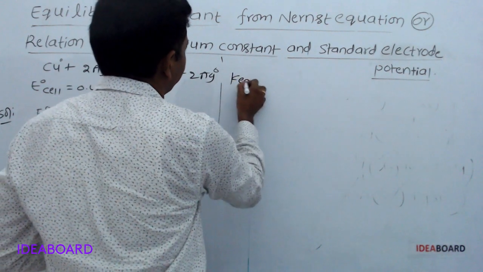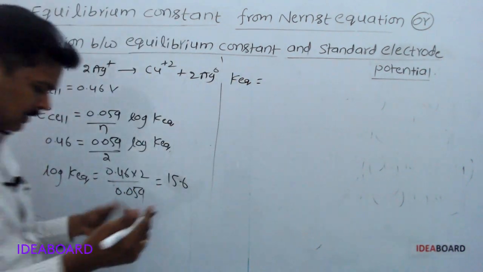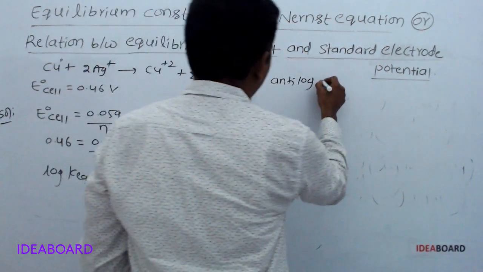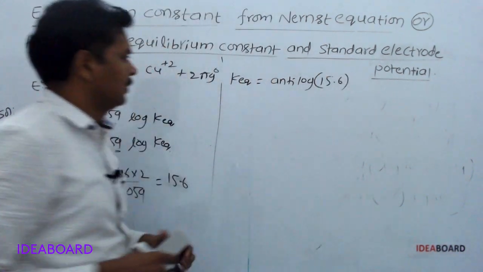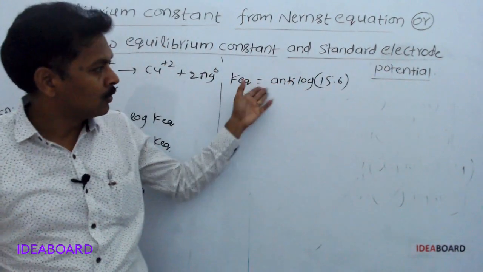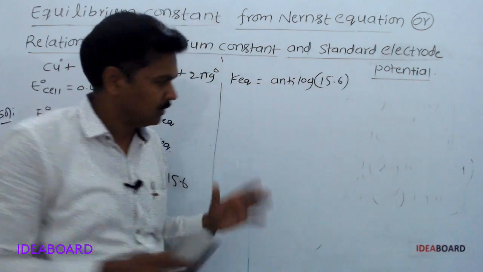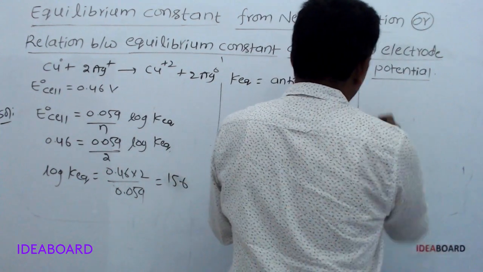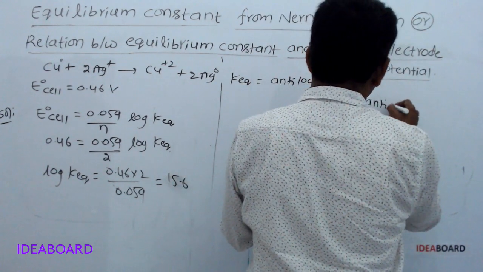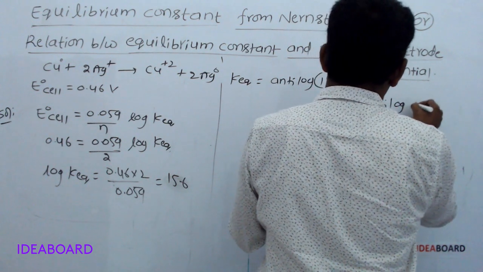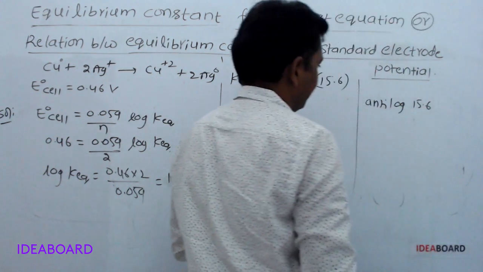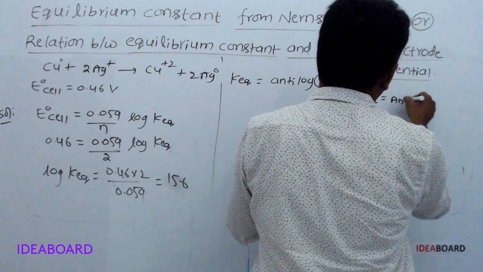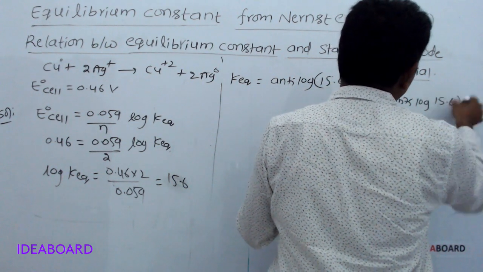Then the equilibrium constant K is equal to antilog of 15.6. Without a logarithm table, we can calculate this value easily.